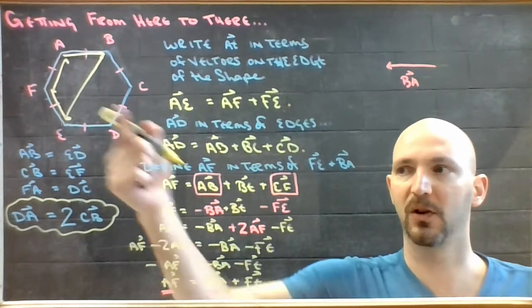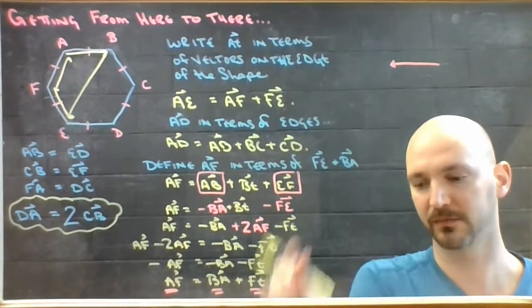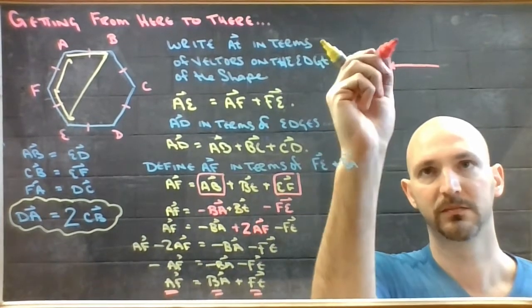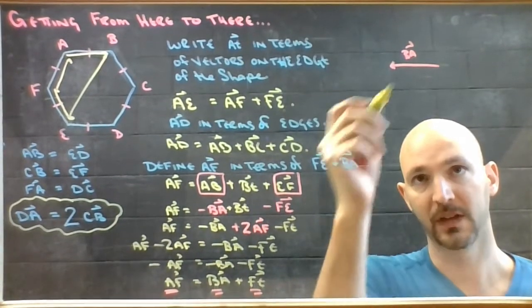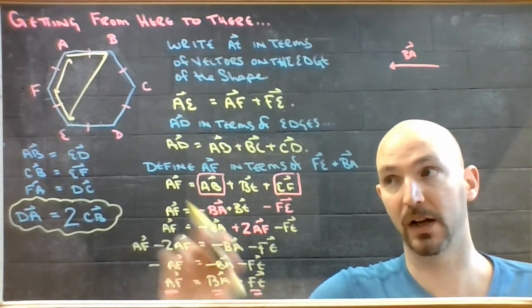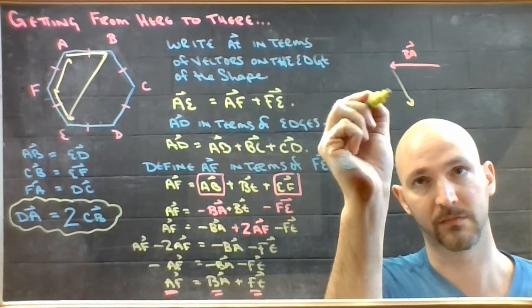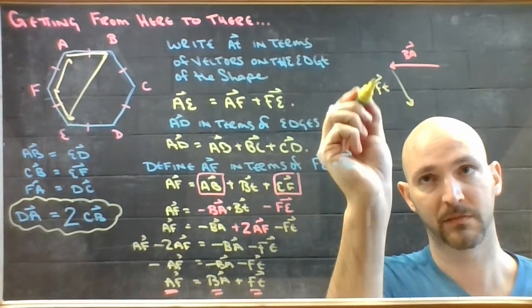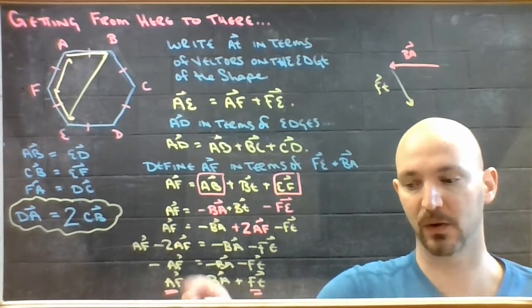So if I go parallel, should have written that on top. That's B to A. If I travel along B to A, like this, and then along F to E, like this, allegedly, I get a vector that's equivalent to AF.